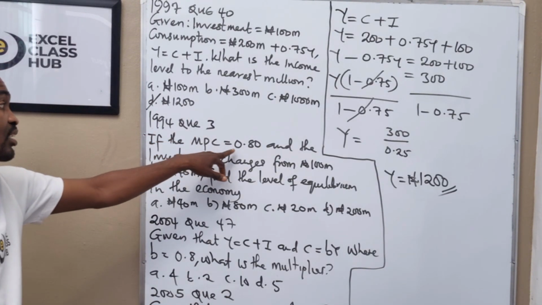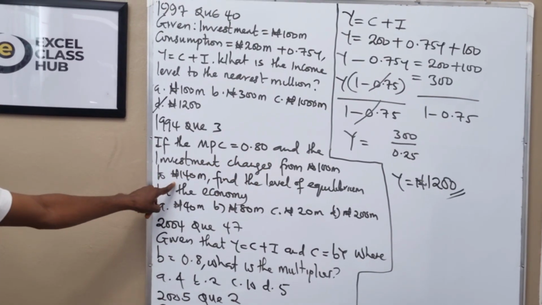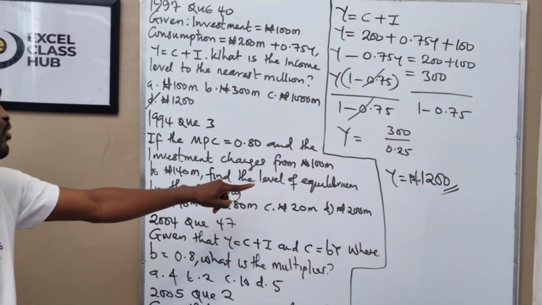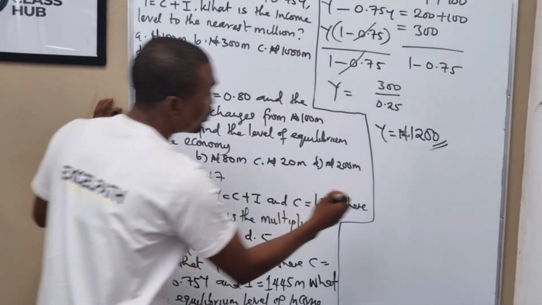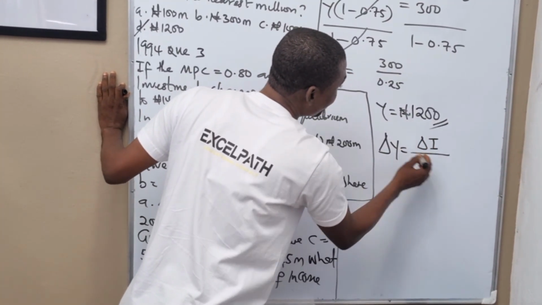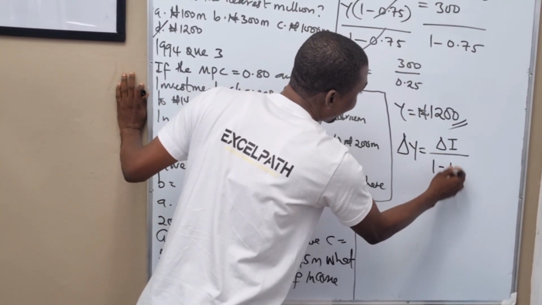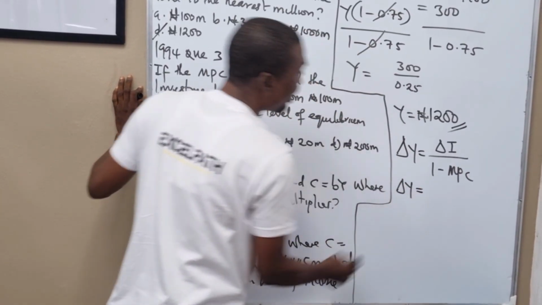Okay, we go to 1994, question 3. If the MPC is 0.80 and the investment changes from 100 million to 140 million, we have to find the level of equilibrium in the economy. Like I said, change in Y is equal to change in I, which is investment, all over 1 minus MPC.